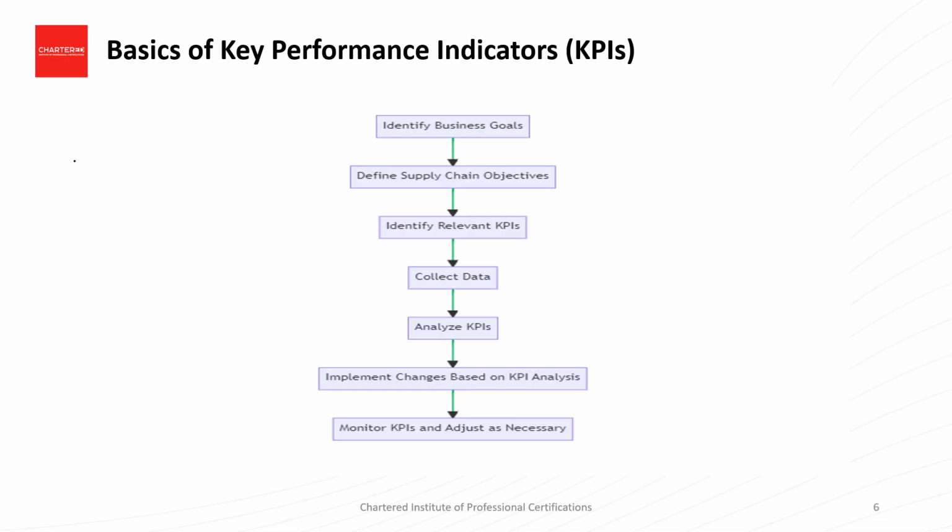Firstly, you identify the business goals, define the key supply chain objectives, identify relevant KPIs, collect the data, analyze your KPIs, implement changes based on KPI analysis, and then you monitor your KPIs and adjust as necessary, depending on the circumstances.